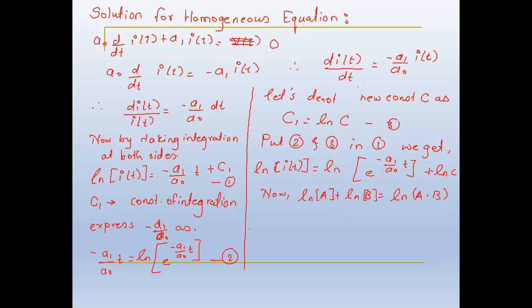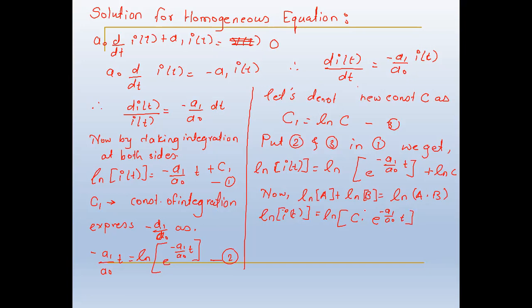So the equation becomes natural log of I of t is equal to log of c into e raised to minus a1 by a0 into t.